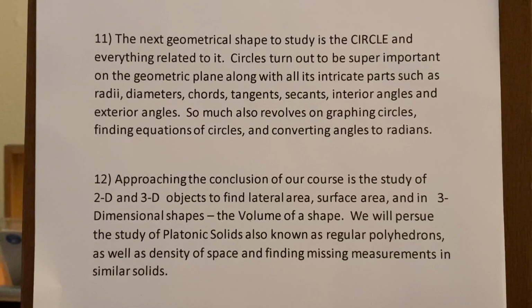We'll also learn about Plato's work on solids called the Platonic solids, which, again, that word regular is going to be very important for Platonic solids. Regular polyhedrons. And density. The denseness of space, the denseness of the community that you live in. How many people can occupy the landmass area where you live.